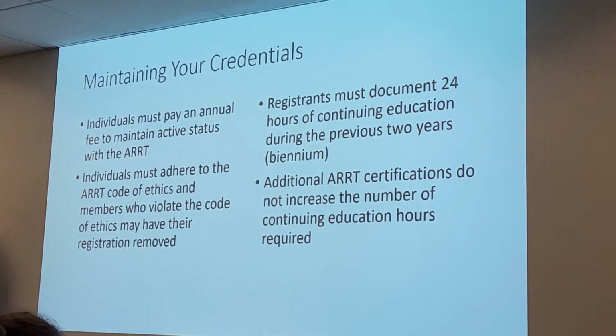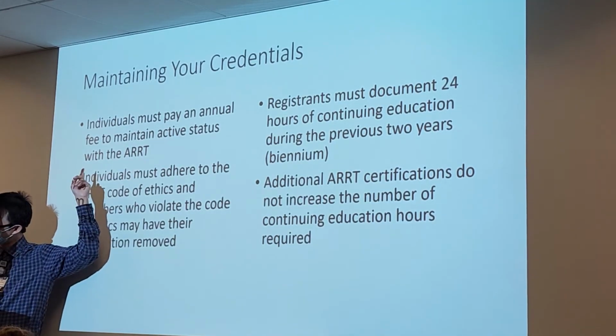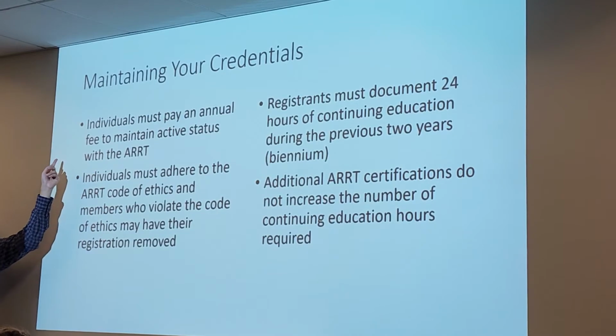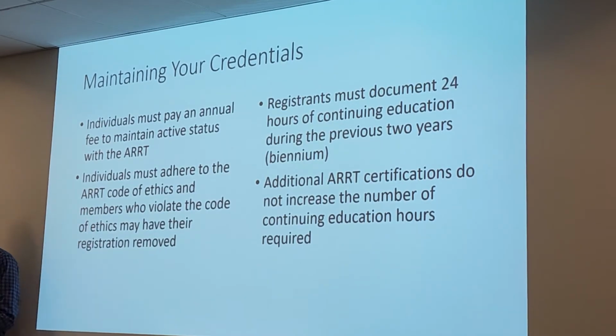I'm not sure. Okay, so, like I just said, individuals must pay an annual fee to maintain active status with the ARRT. In addition, you must adhere to their code of ethics. If you do not follow their code of ethics, then you may have your license revoked.